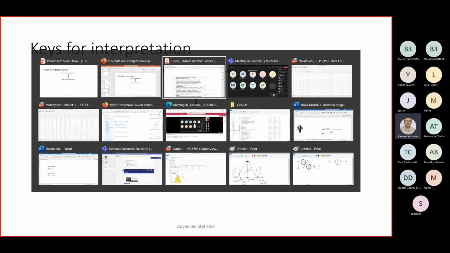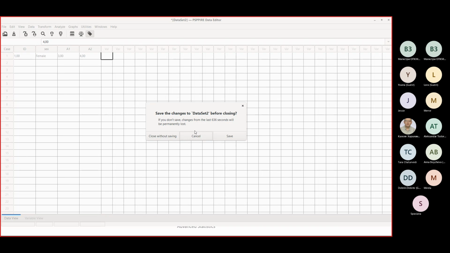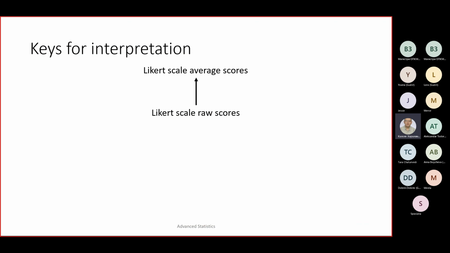And here in PSPP, I will finish this file. We'll close without saving.